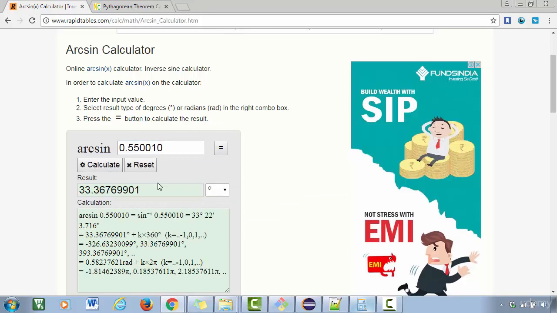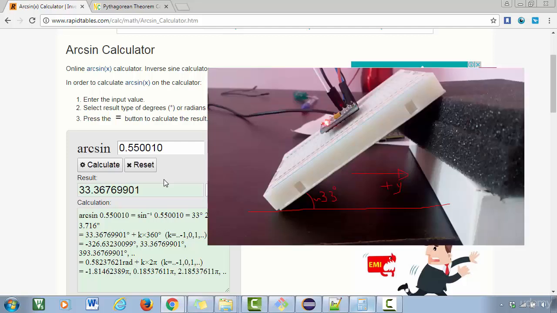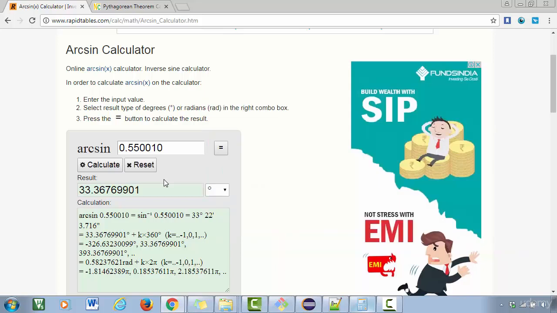Now let's calculate, and this experiment says that it is around 33.3 degrees. My protractor actually showed it as 33 degrees, so that approximately matches. That's how you can measure the tilt angle of any device by using the accelerometer.